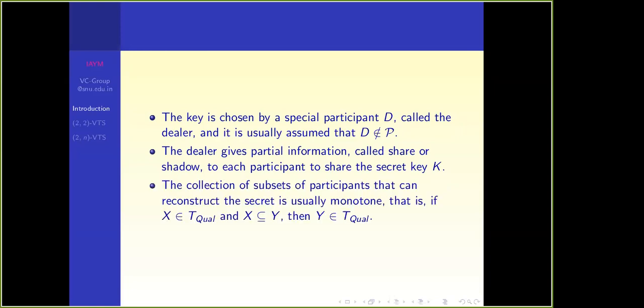The collection of subsets of participants that can reconstruct the secret is usually monotone. Monotone means that if X belongs to Γ qualified, that is, X is a collection of participants who can get the secret, then any superset of it can also get it. Adding more people does not create any problem. That is called the monotone property.